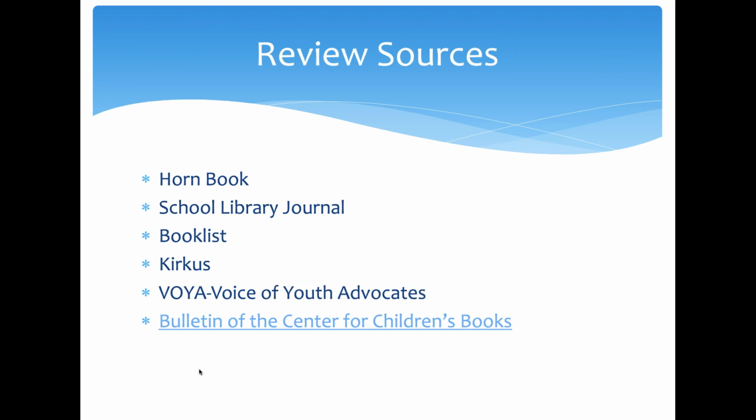Kirkus, I believe, is available. You can read some reviews online. You don't have to subscribe. Hornbook and School Library Journal, you'd have to subscribe. Hornbook also does a wrap-up of reviews.